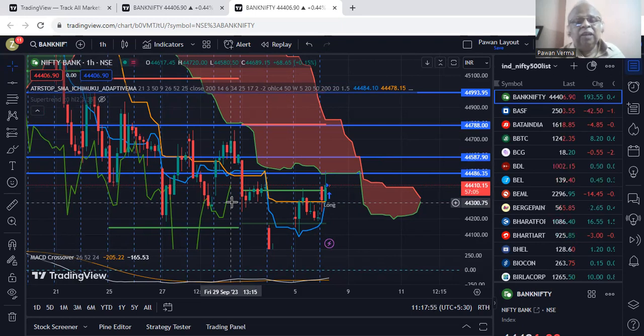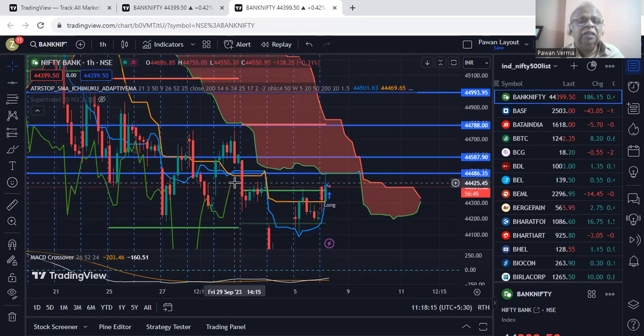A bounce back is expected here also, but the probability is quite weak, because the Chikou span or the price will face resistance whenever the Chikou span approaches the price. So we can get the retracement here.